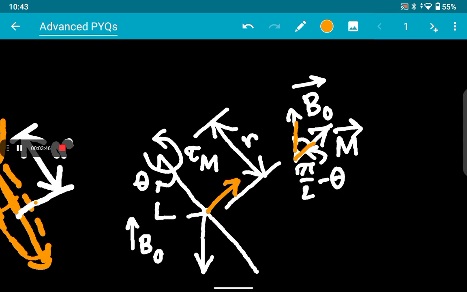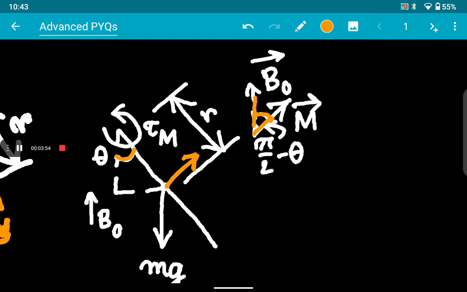And this angle, if you calculate, as this is theta, this angle will come out to be pi by 2 minus theta. Okay, so the torque due to this magnetic moment or magnetic field is m into B0 multiplied by sine of the angle, cosine of pi by 2 minus theta, which is nothing but sine theta.